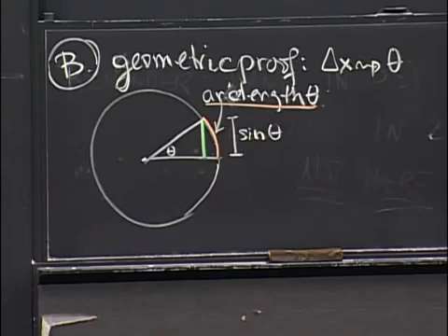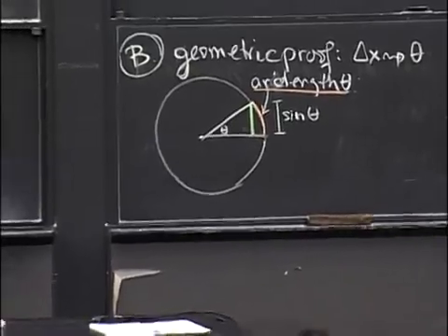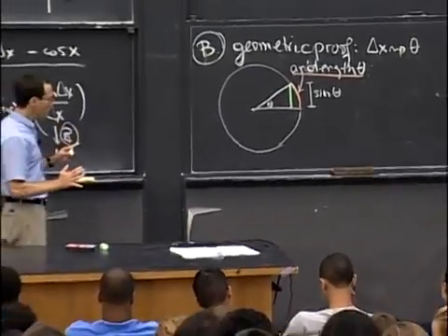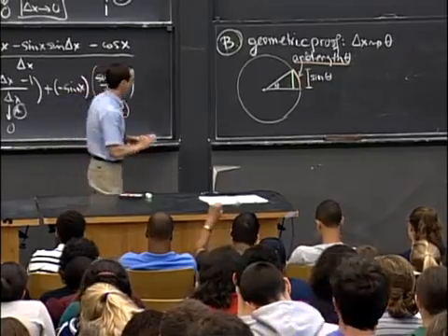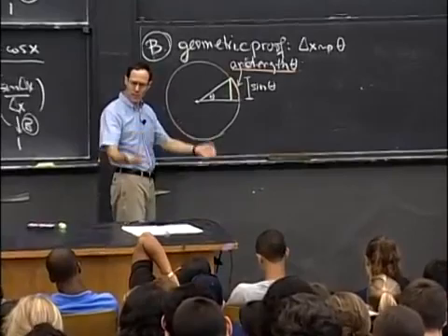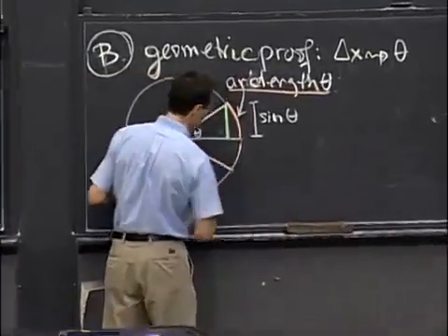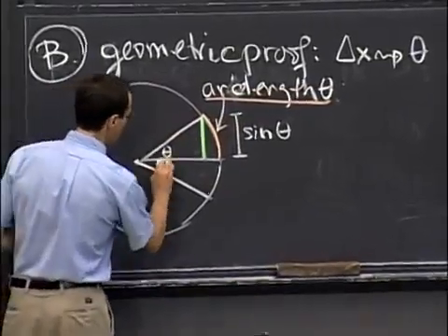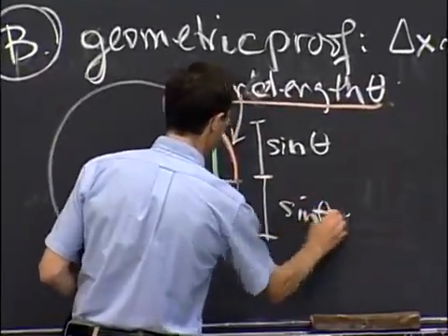Now, in order to persuade you now that the limit is what it's supposed to be, I'm going to extend the picture just a little bit. I'm going to double it just for my own linguistic sake and so that I can tell you a story, all right, so that you'll remember this. So I'm going to take a theta angle below, and I'll have another copy of sine theta down here.